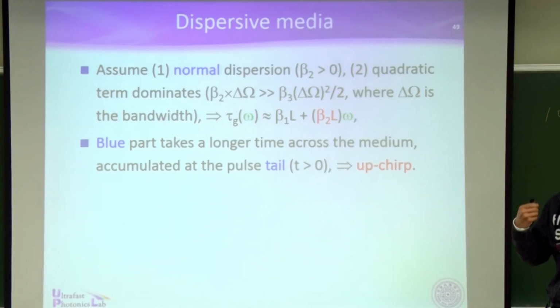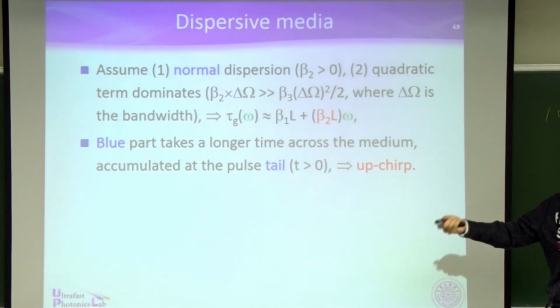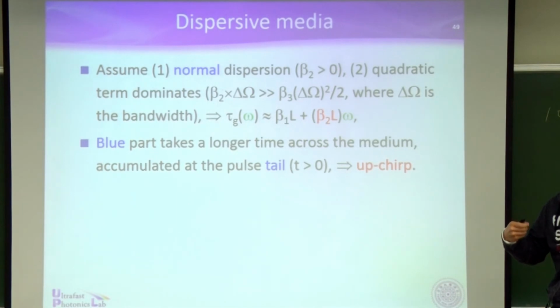That means it takes longer time to pass through the material, or it is slower, right? 要花比较久的时间，就代表它跑得慢。所以高频跑得慢，blue color is slower. Conversely, red color is faster. So this is the nature of normal dispersion.